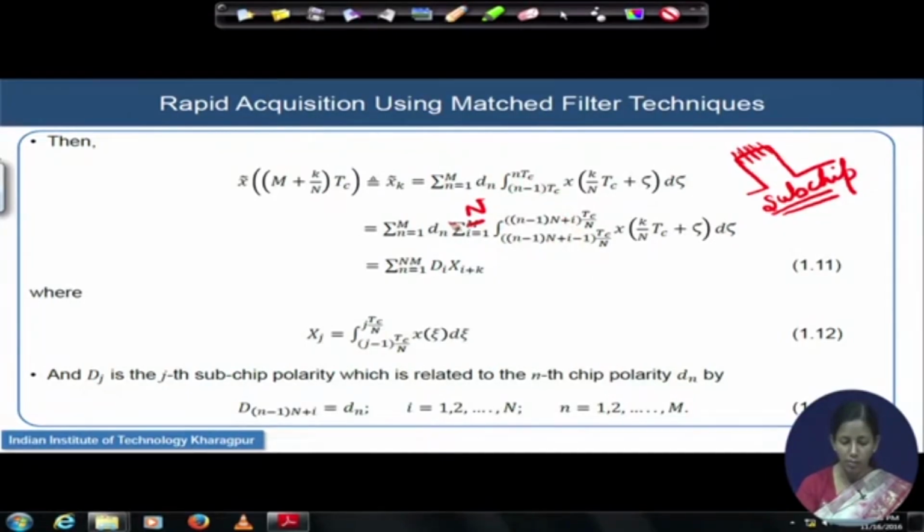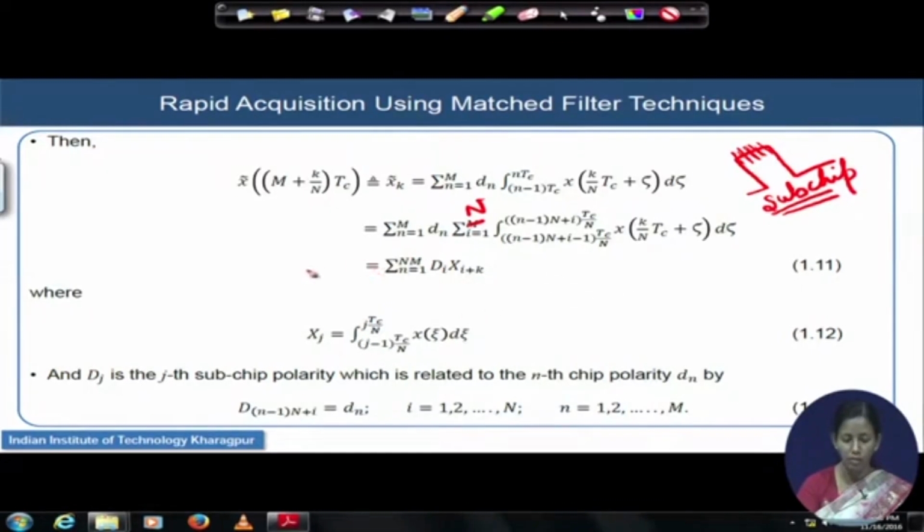If I keep the summation once again outside over all subchips, then this inner integration can run over a subchip duration, and hence this whole equation inside, I can substitute it by xj plus k, where this xj is given by this line.